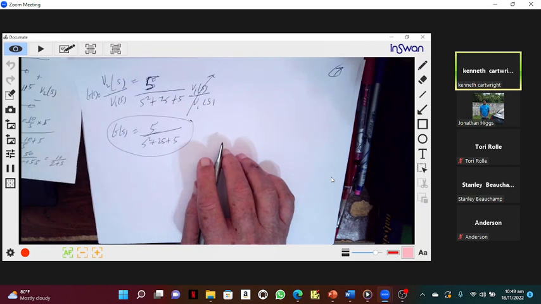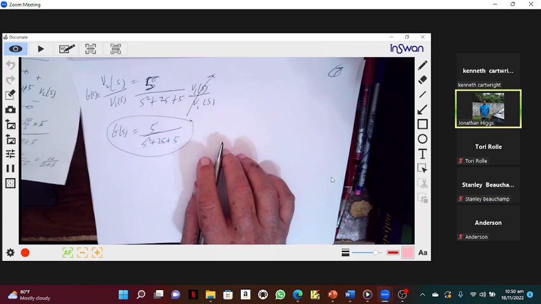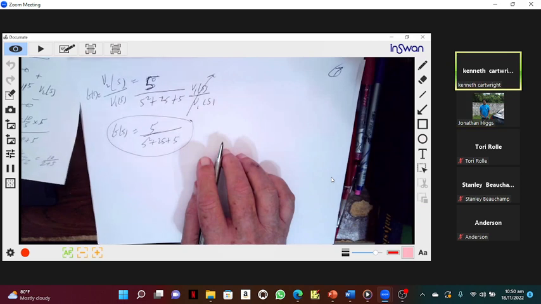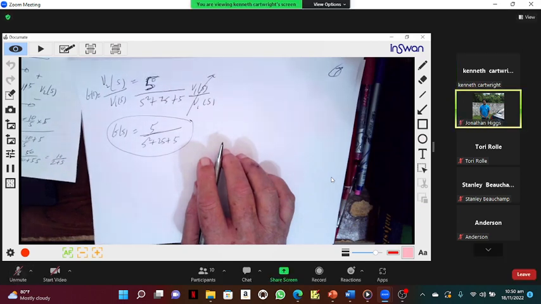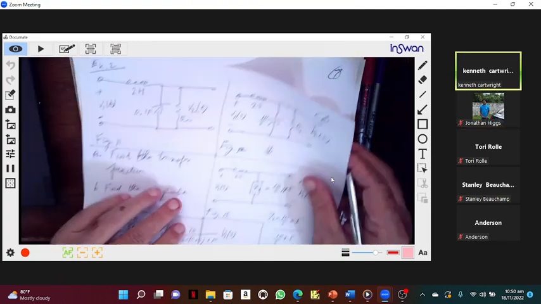It's the highest power of S. And not only that, you can look at the circuit.